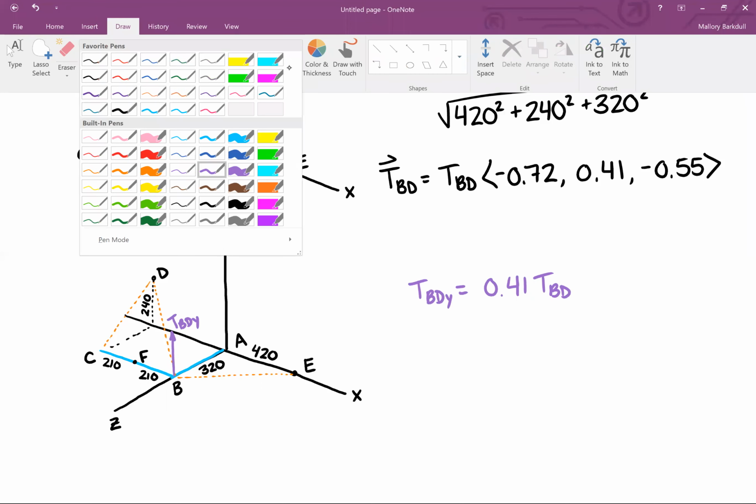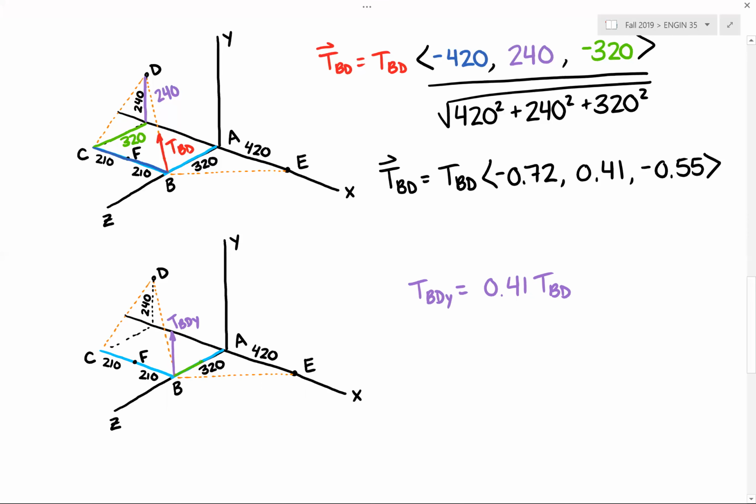I have a z component, TBD z, which is negative 0.55 TBD.